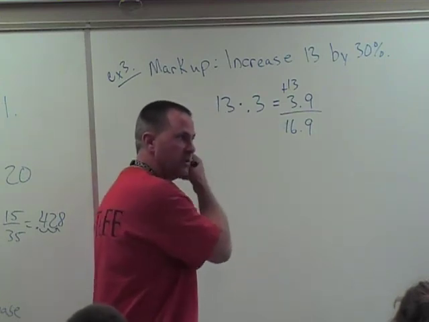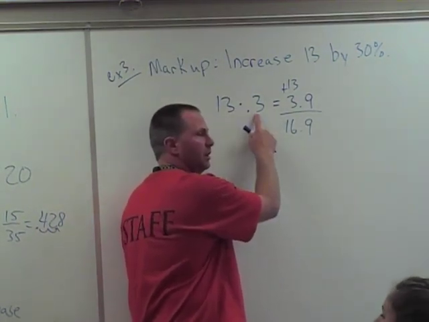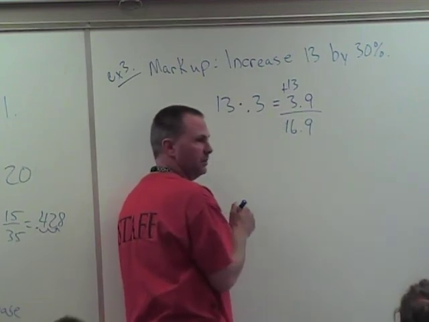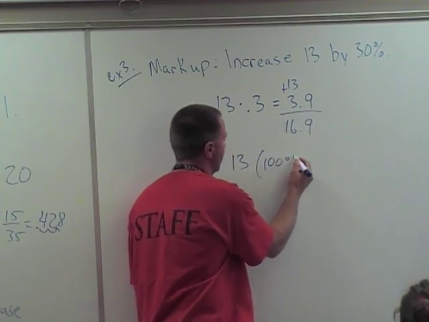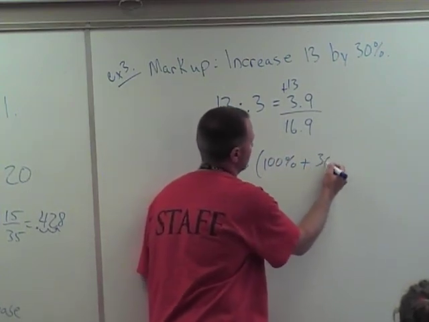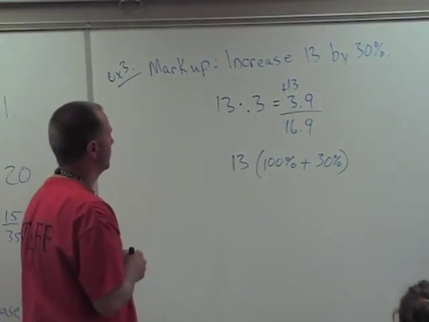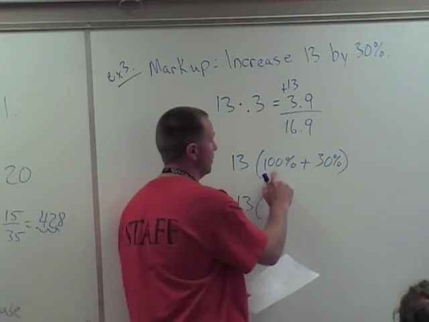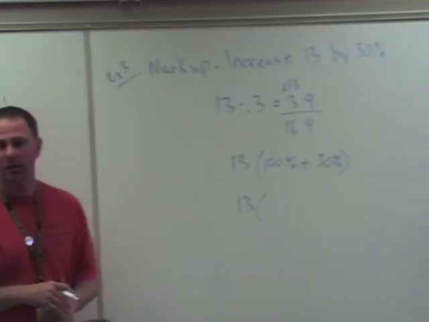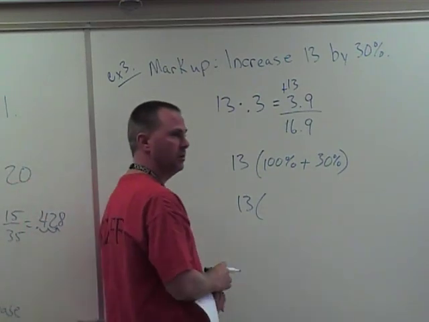Okay, another way to do this is, notice what we did here. We took 13 times 0.3 and then we added it back to itself. It's another way of saying this, 13 times 100% plus the 30%. So what is 100% plus 30%? 130%, which as a decimal is 1.3.